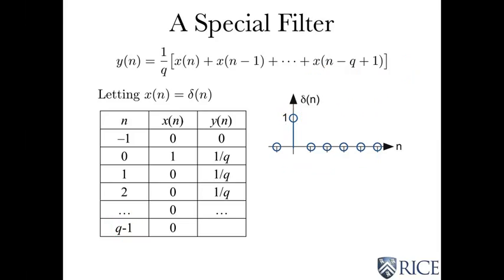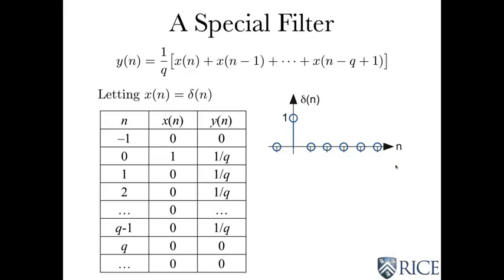And of course we get 1 over q for that. Well, beyond that point, the filter is sitting out there, and it grabs only these inputs, adds those up. They're all 0, so you get 0. So for all subsequent times, the output is just 0.